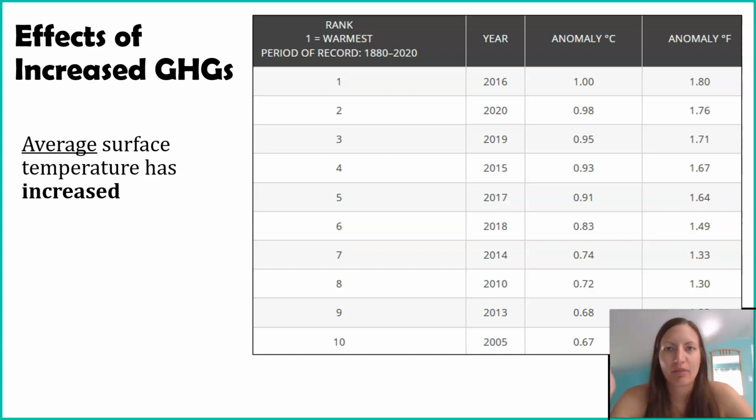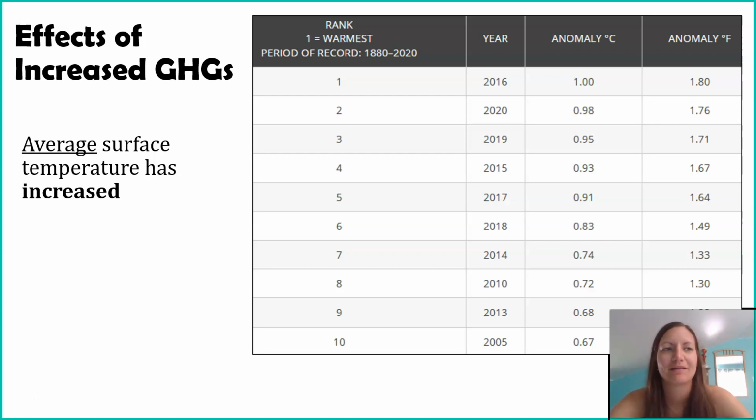Now, honestly, I don't remember the world average off the top of my head, so let's just say from 1880 to 2020, it's 20 degrees Celsius. This is saying the year 2016 was 21 degrees Celsius. It was about 1 degree warmer than the average.